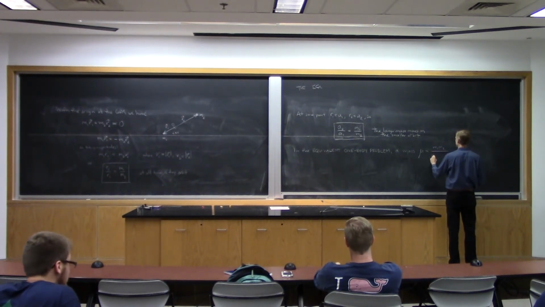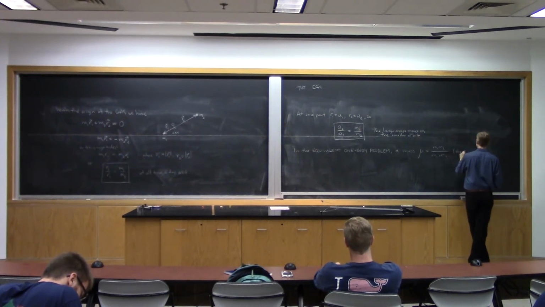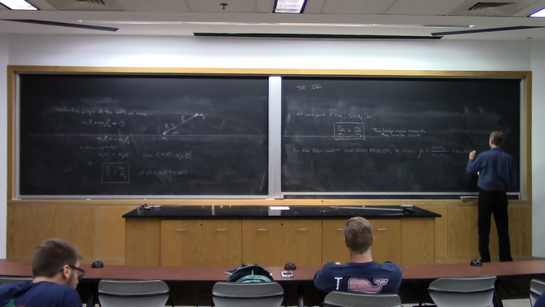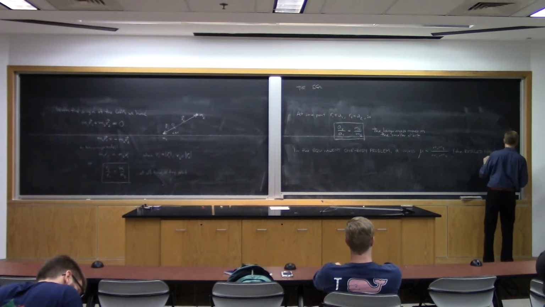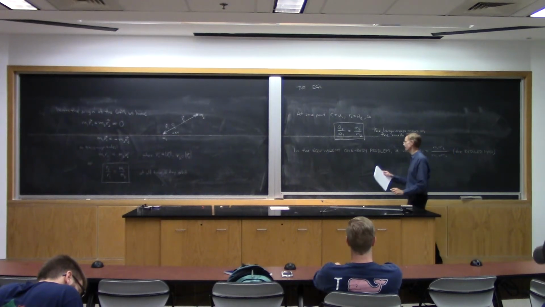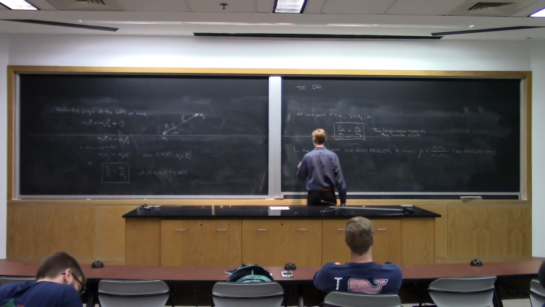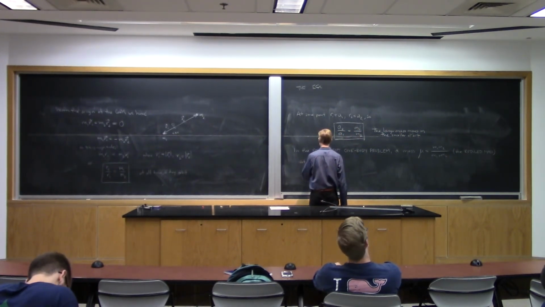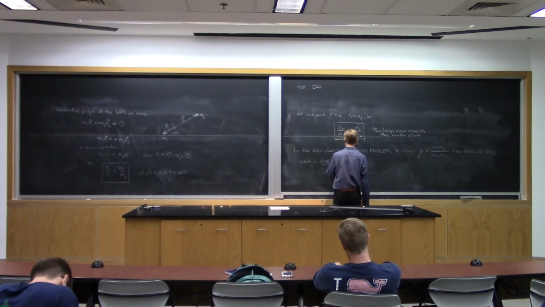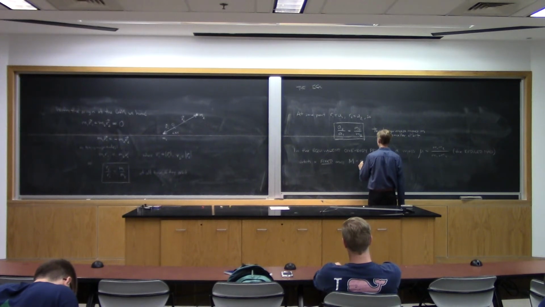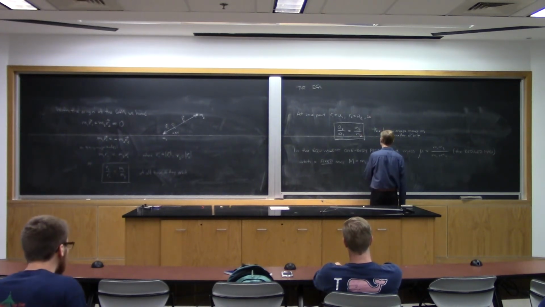I mentioned that before. We call that the reduced mass. It orbits a fixed mass M equals m1 plus m2.